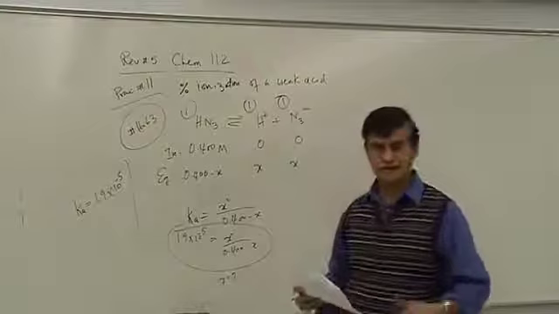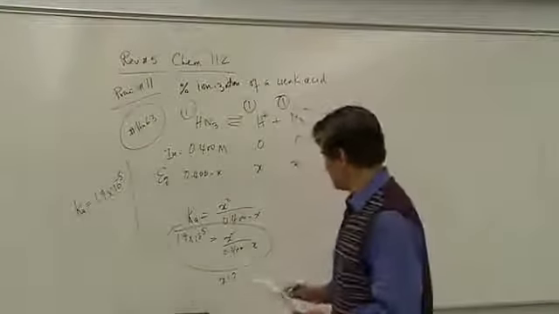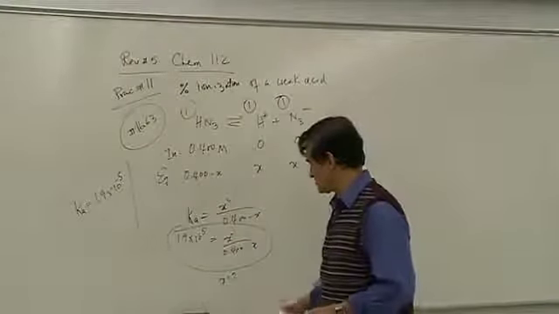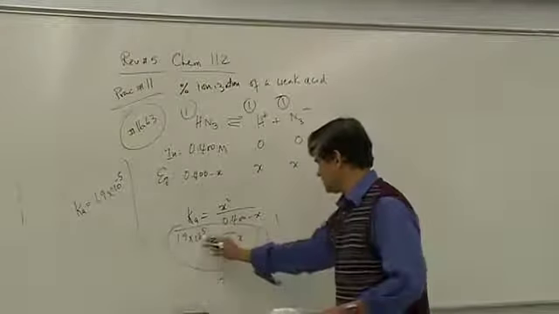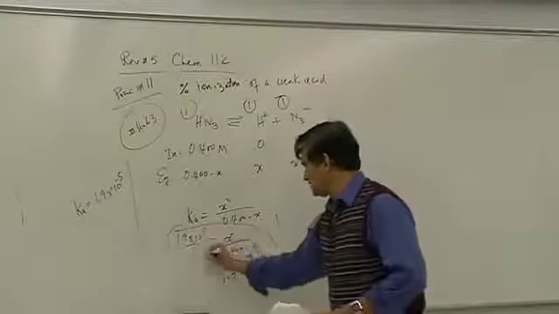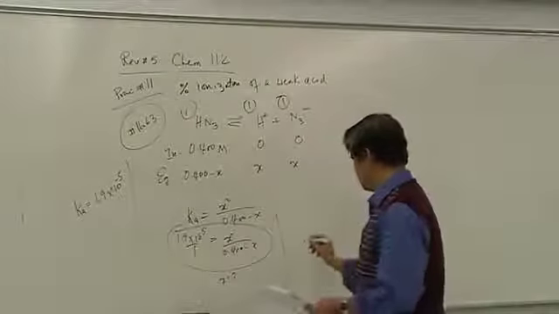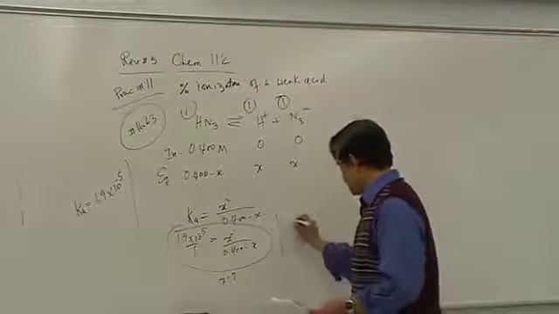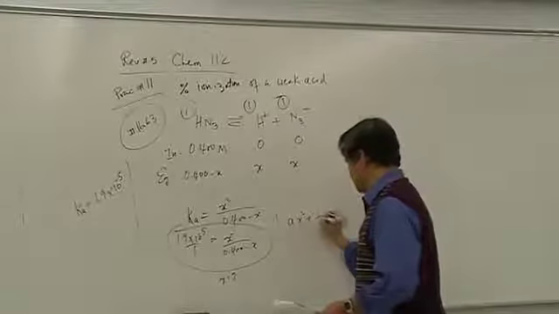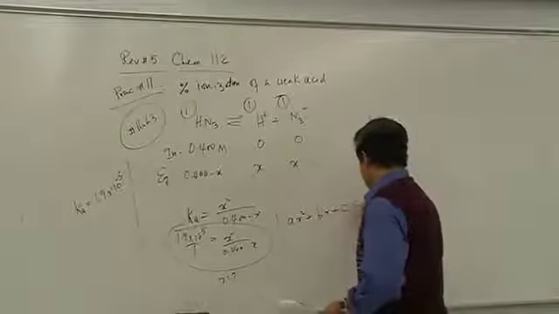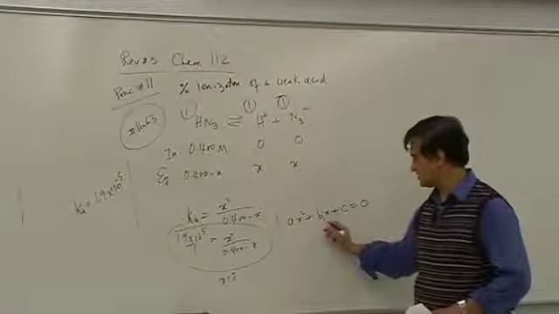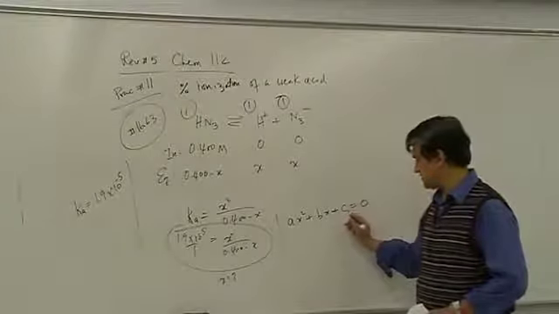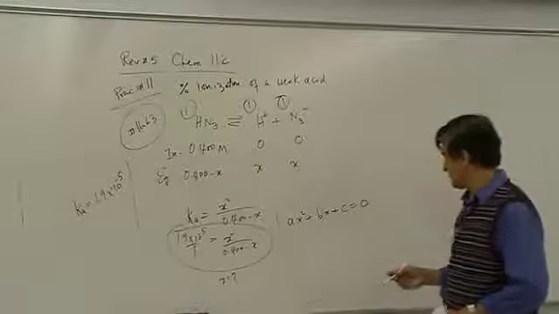Though if you have a calculator, like an engineering calculator, you can program it in such a way that it will give you X values. Otherwise, this is like any algebra: you multiply and then simplify, and you should write it down like this: ax squared plus bx plus c equals 0. This will be the coefficient of x squared, this will be for x, and this will be the rest without x's.